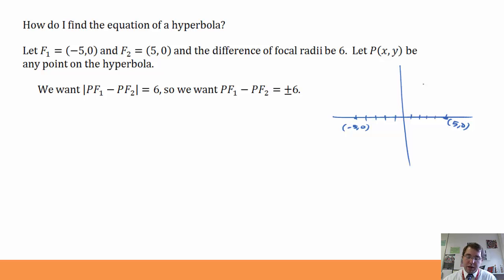So let's take P, call it (x, y). That's my P, and let's say that it is a point on the hyperbola.